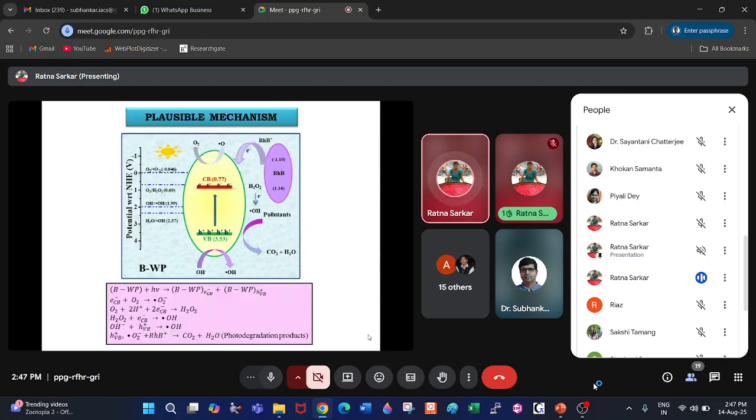And this is the possible mechanism. Here we use rhodamine B dye as a pollutant, and the whole mechanism occurs in the visible light region, and the hole is a more highly active species than the superoxide anion.